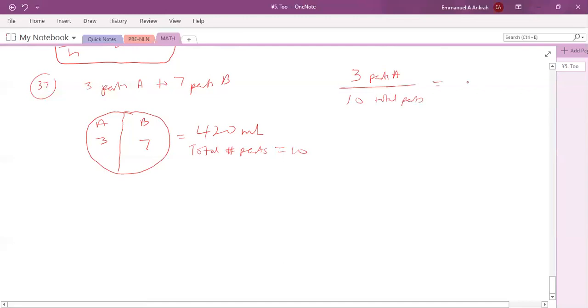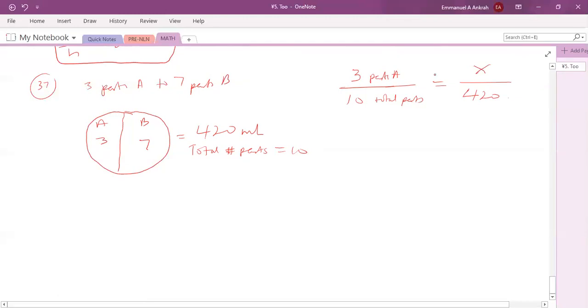Now, the 10 parts is equivalent to the 420. So the 420 goes here, 420 ml. It goes with this. And then the A, we don't know how many ml, so that's X. That should be here.